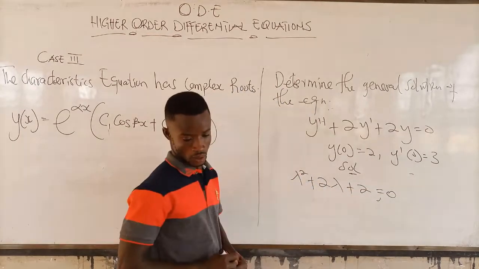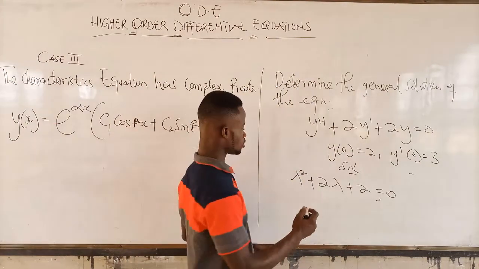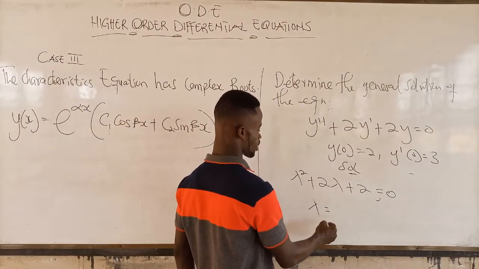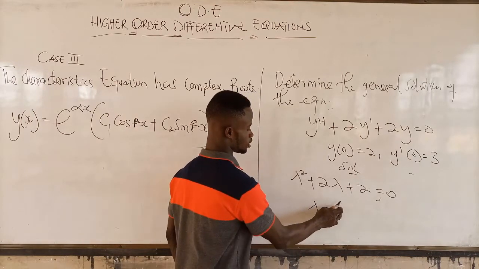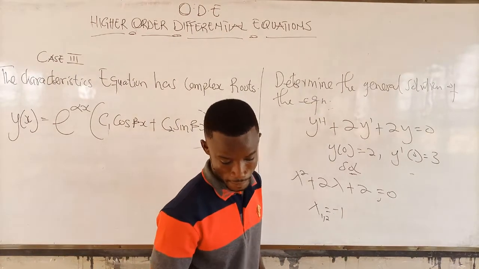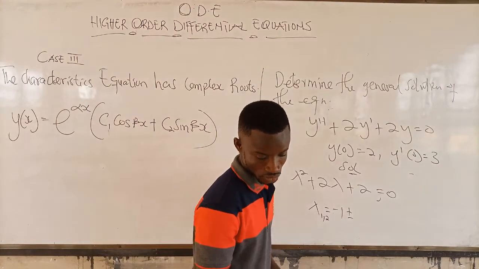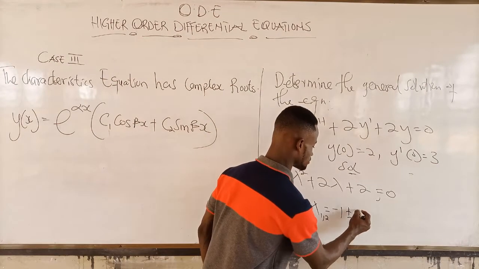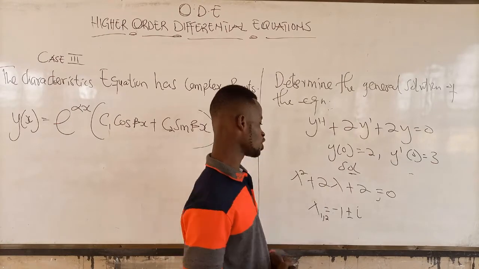Alright, so the result lambda 1, 2 will be negative 1 plus or minus i.